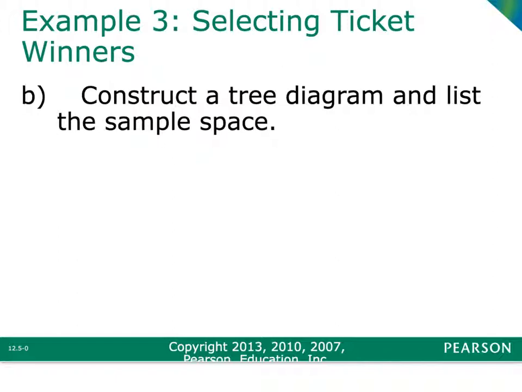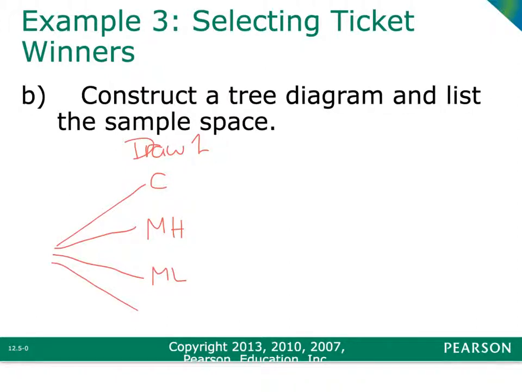Question B. Construct a tree diagram and list your sample space. So this is going to be very simple. We need one for draw 1, and we'll need another one for draw 2. So on the first draw, Christine could have won first, or Mike H could have won first, or Mike L could have won first, or Phyllis could have won first.